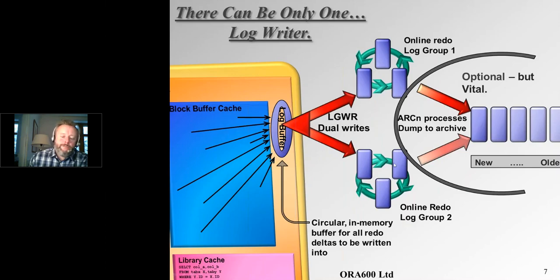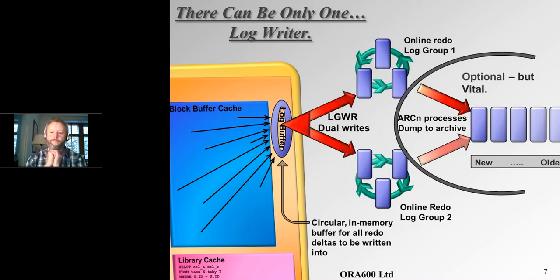And in fact, the online redo logs are key to things like setting up standby databases. Another advantage is that you can mine the online redo logs and the archive redo logs for changes if you've got the correct tools, to look for when changes happen to the database. So the online redo logs are used by Oracle extensively for high-end features of the database.